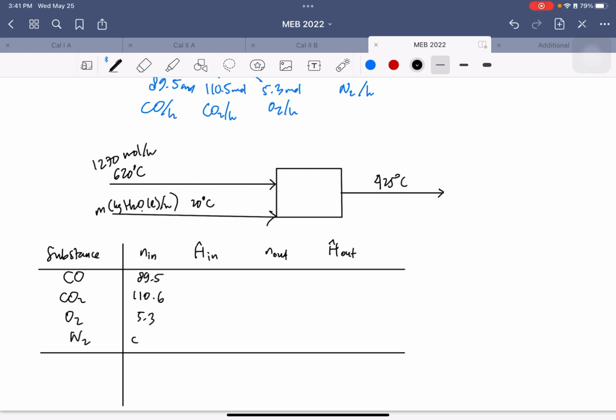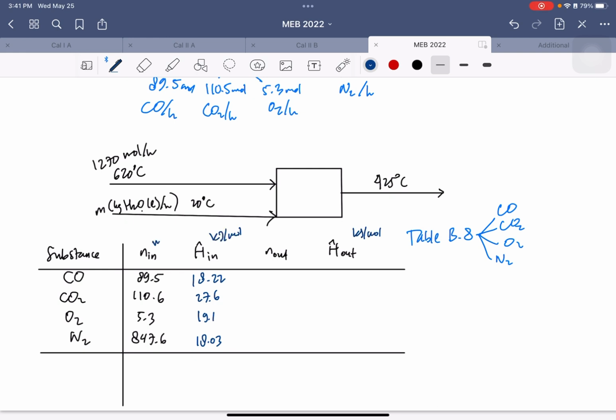And nitrogen, this is 847.6. Okay, we take table B8 to check the gas: CO, CO2, oxygen, and nitrogen. And we get the results for the specific enthalpy: 18.22, 27.6, 19.1, and 18.03. All the enthalpy is in kilojoule per mole. The mole is mole per hour.